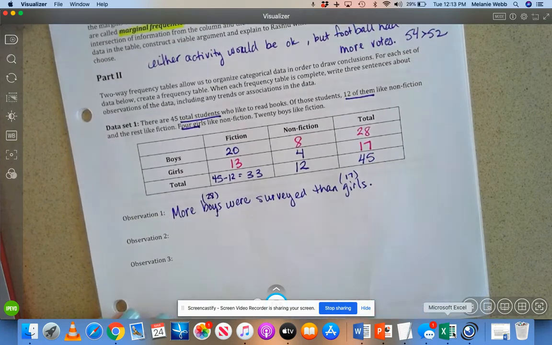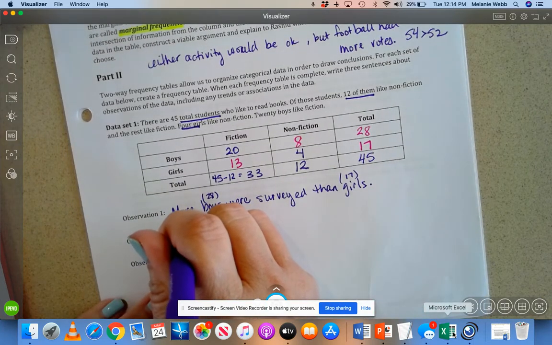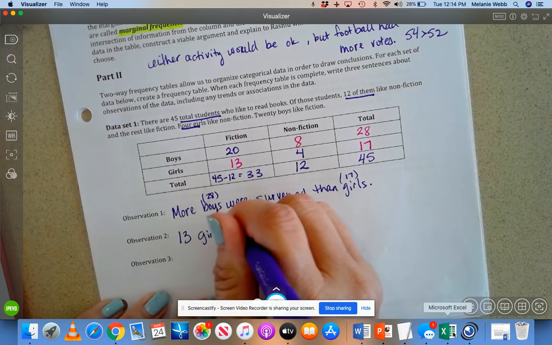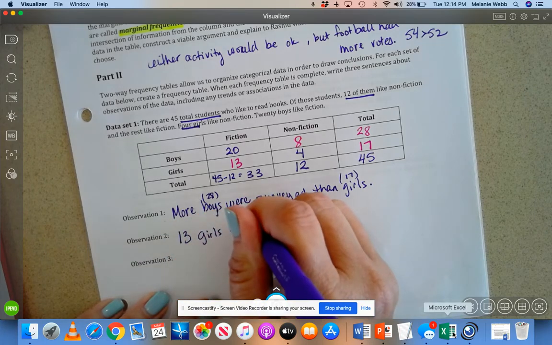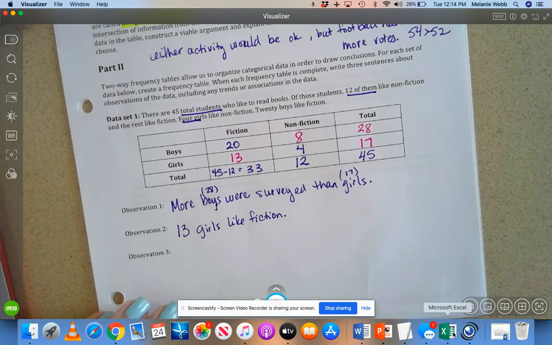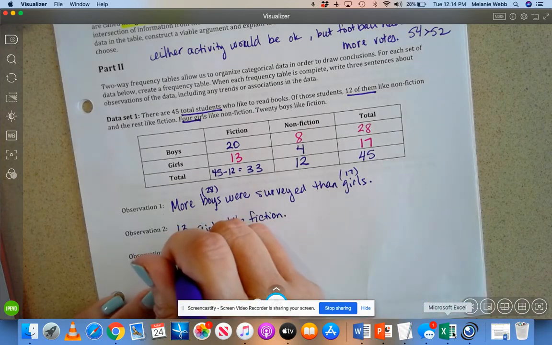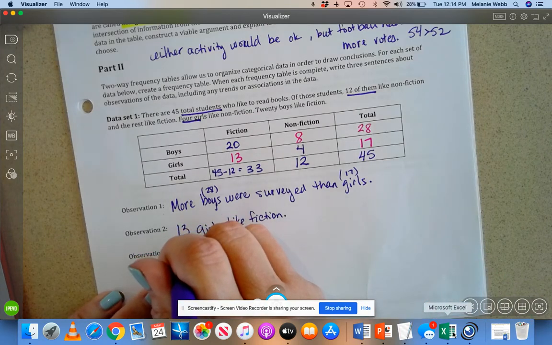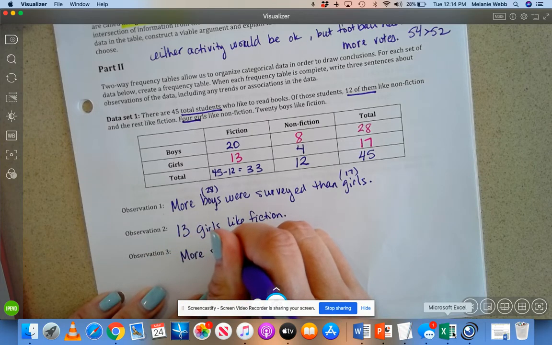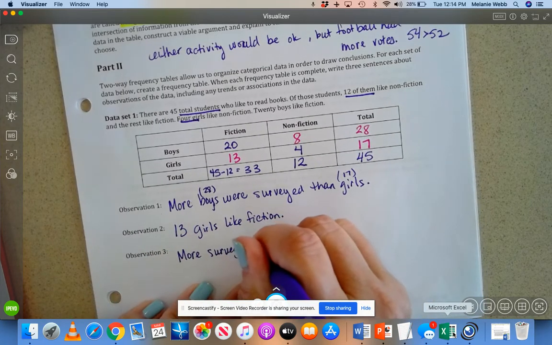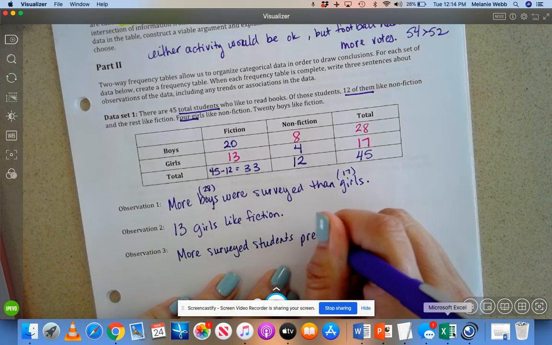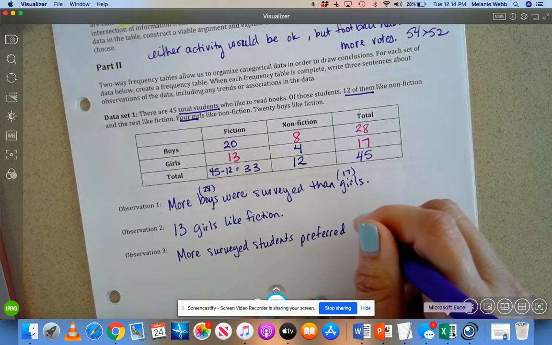Another observation you can make, just a general observation, is that 13 girls preferred fiction. You could also make an observation like more surveyed students preferred fiction.